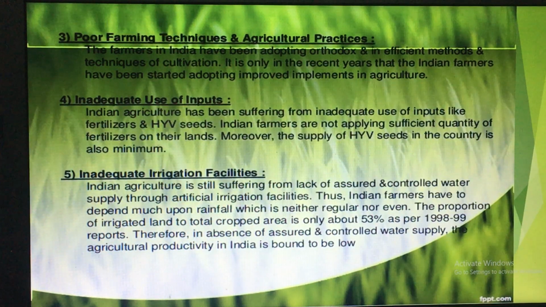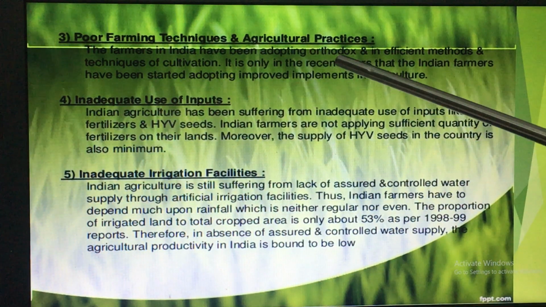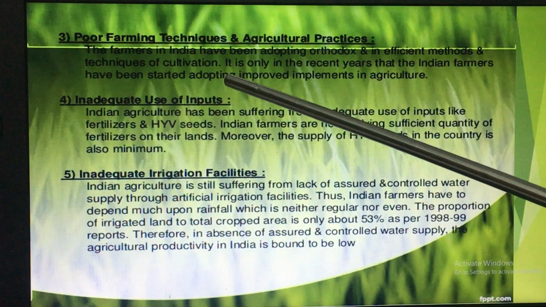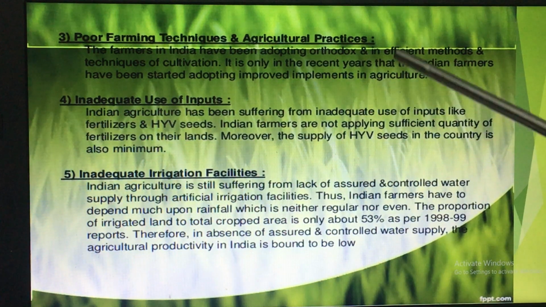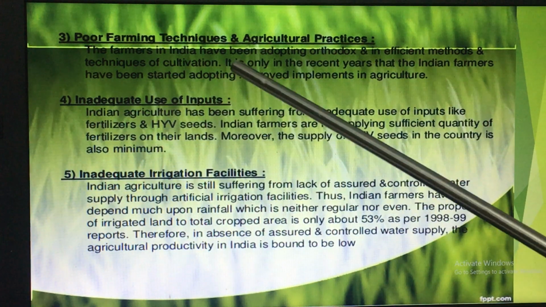Next is poor farming technique and agriculture practices. The farmers in India have been adopting orthodox and inefficient methods and techniques of cultivation.